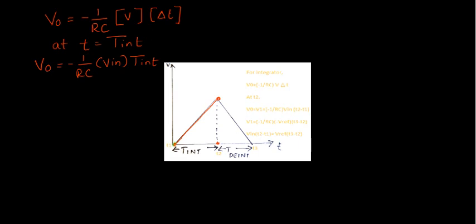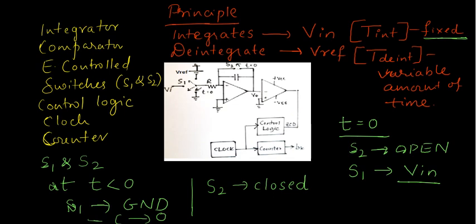So now at this time, when you have reached the point somewhere here in the earlier diagram that I have shown, after your TINT is over, the switch S1 will now be thrown to the V reference point.